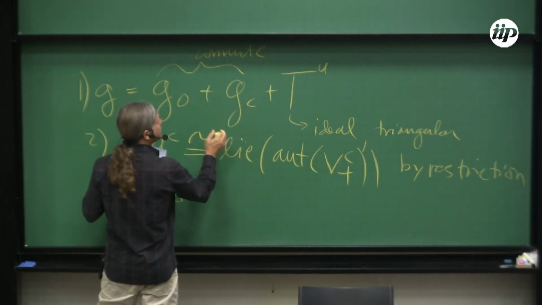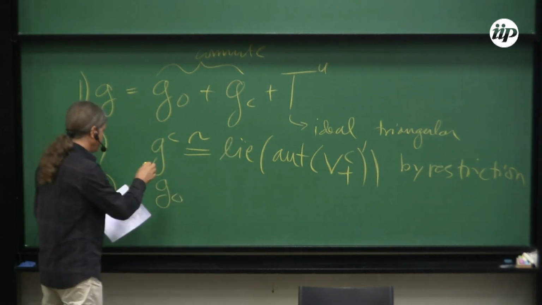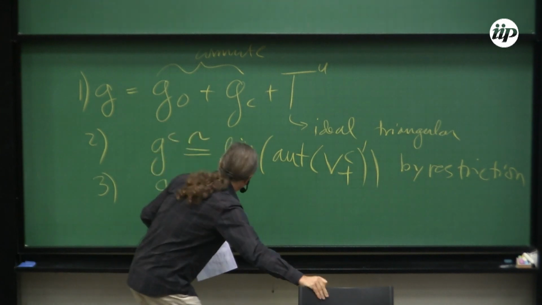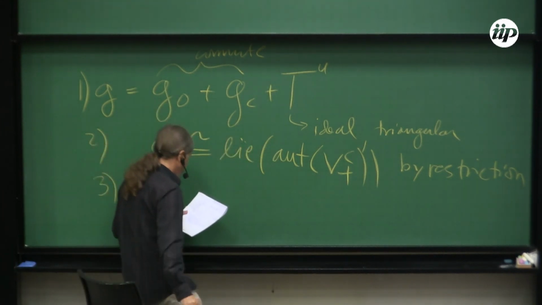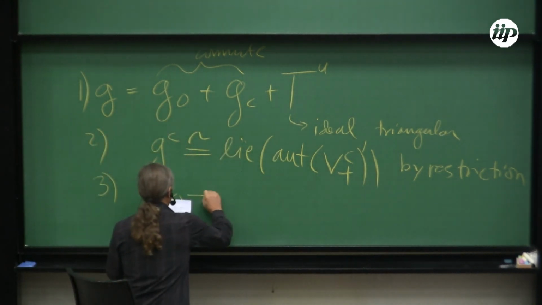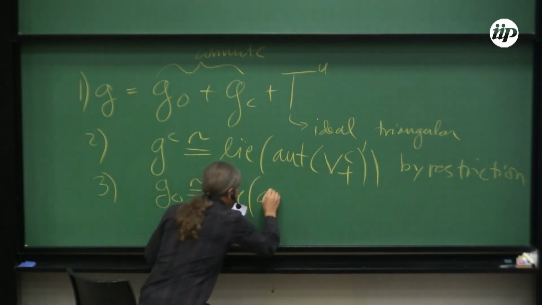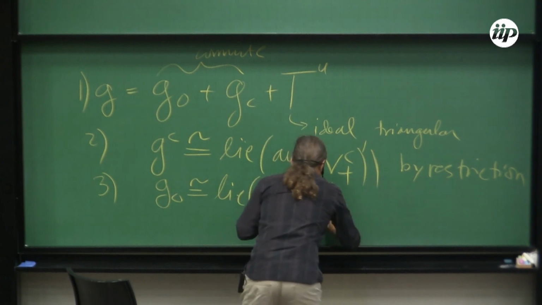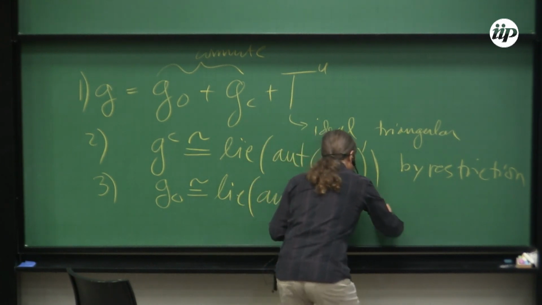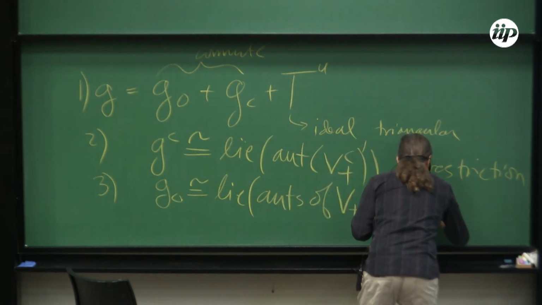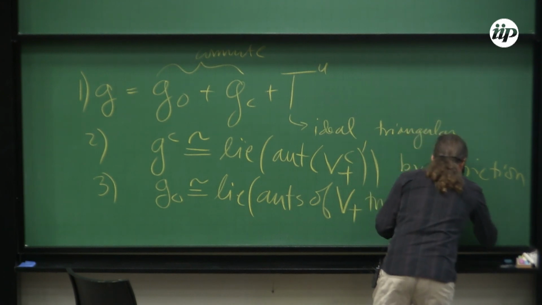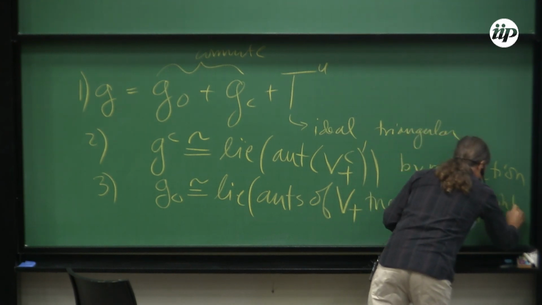G0 is isomorphic to the Lie algebra of the automorphisms of the whole cone that fix VC pointwise.